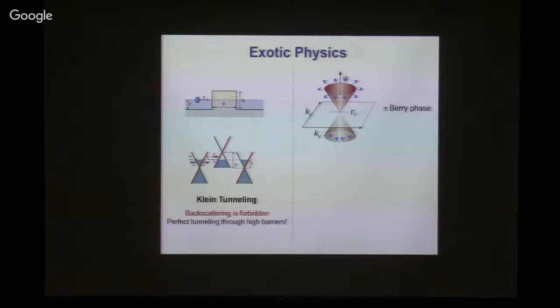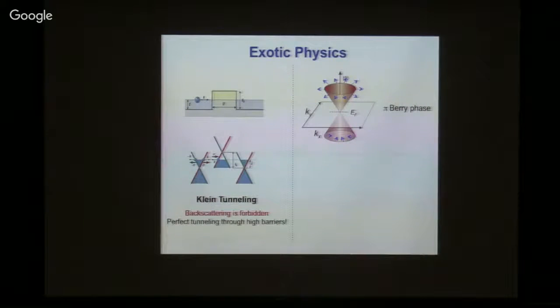Another example is when we think about this pseudo-spin texture in momentum space. You can imagine when the electron moves around and has the momentum go around 360 degrees, although the wave function comes back to itself, it actually picks up a negative sign, just like a regular spin 1/2 system. When you go around 360 degrees, you get a negative sign. That corresponds to a phase change of pi, known as Berry phase of pi.